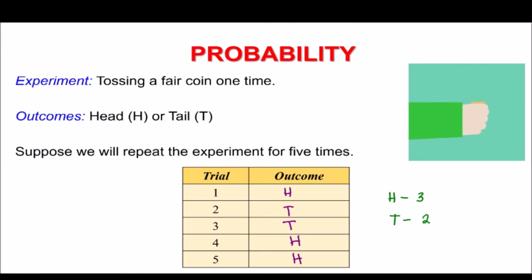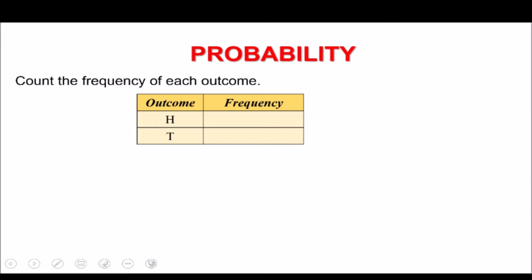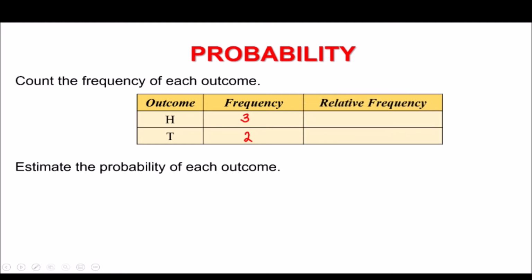So we can generate a table like this, so that we can easily calculate the relative frequency. Now, if we want to calculate the probability of each outcome, then we need to get its relative frequency.